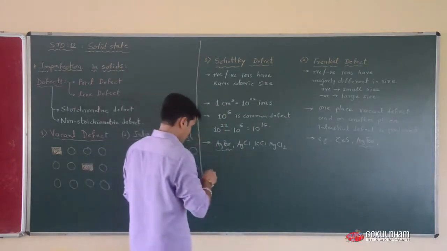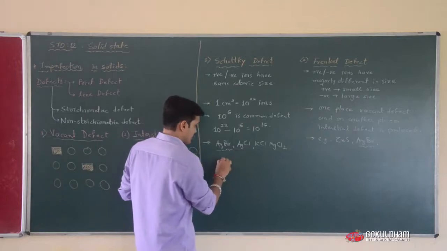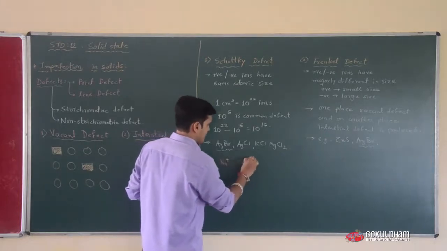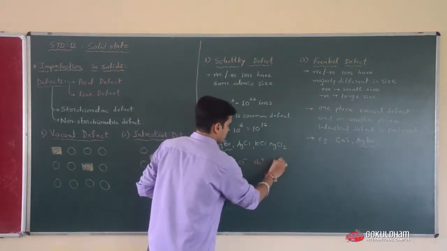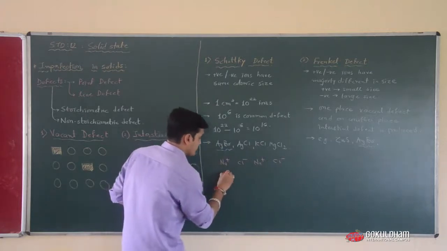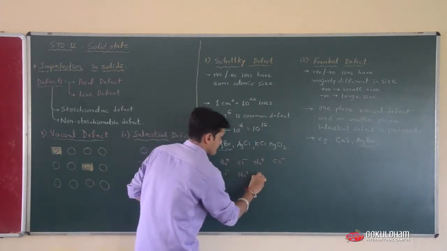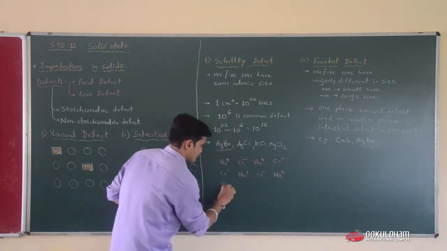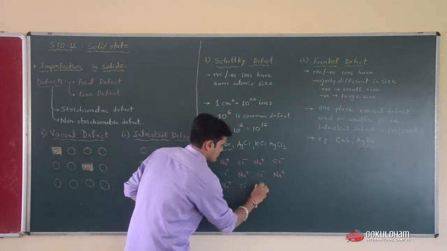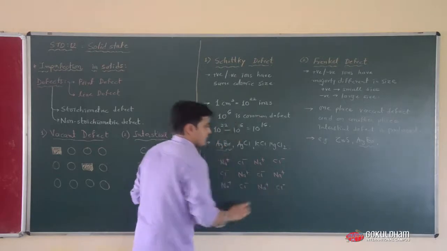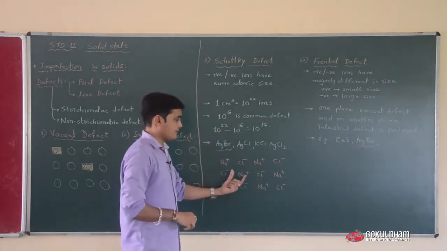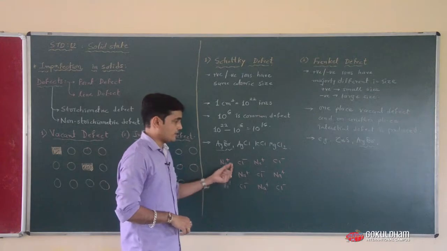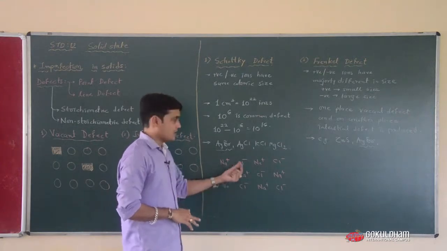Now see, this Na+ Cl-, this is just for your understanding. This is the normal arrangement of positive and negative ions in the solid.